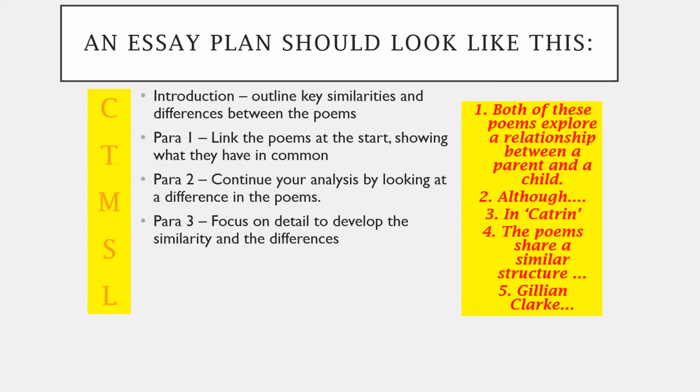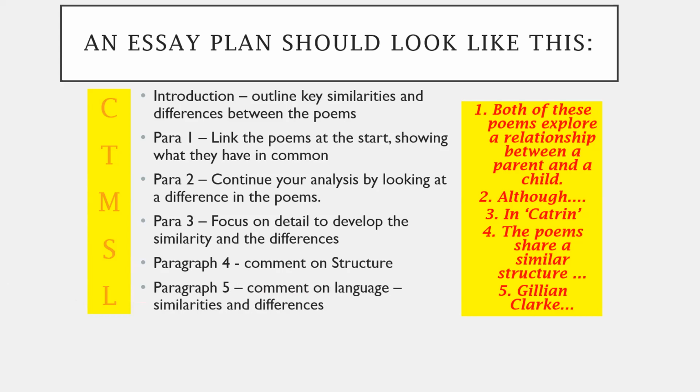Paragraph 3, focus on the detail to develop the similarity and the differences. Paragraph 4, comment on the structure. In paragraph 5, comment on the language, similarities and differences. And then you conclude, you come to a summary of all the arguments you've made. This is really important not to forget when you're doing an essay.